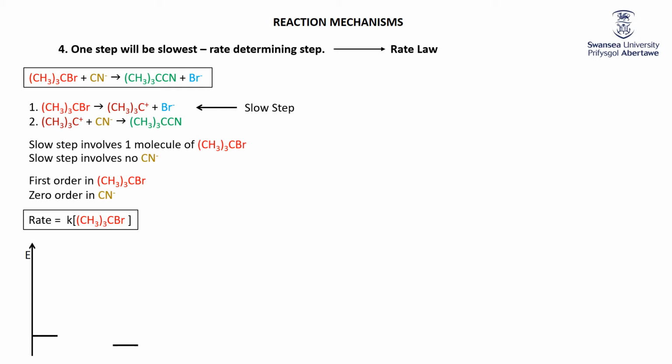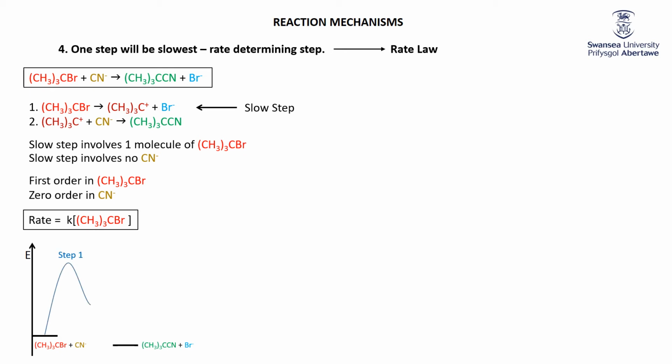Now let's draw a pretty little reaction coordinate diagram associated with this. Energy up the vertical, reactants on the left, products on the right. Of course, where we've seen this before is for a one-step process. We just go over the activation energy hump and down to the products. But in this case, we've actually got two steps, so we will see that there are two humps.